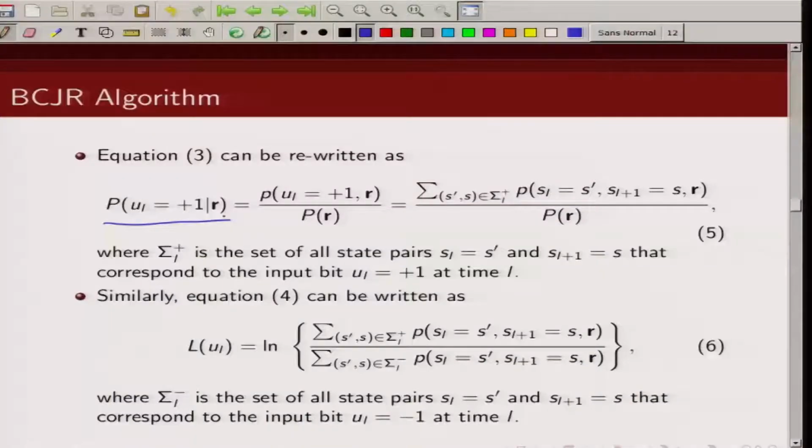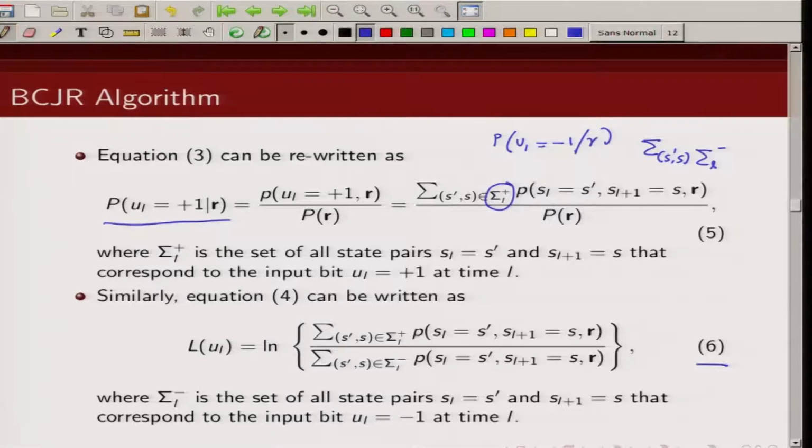So, if I plug in these values of probabilities which are given by equation 5, and similarly calculate the probability of UL being -1 given R, instead of this summation I will have summation over all those pairs which correspond to UL being -1, and I will get this same thing here. If I do that, what I will get is equation number 6.